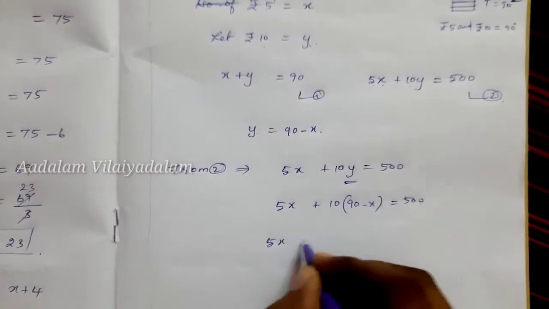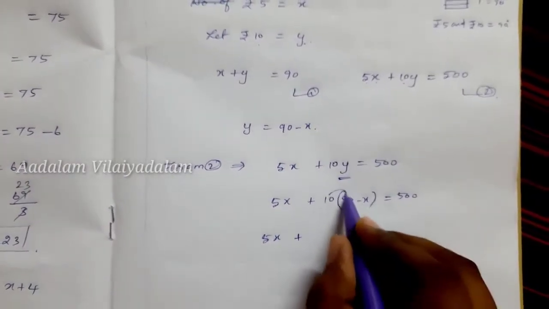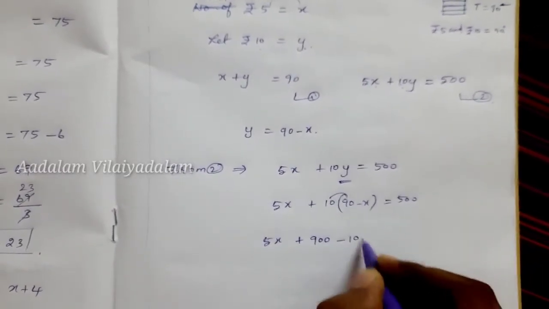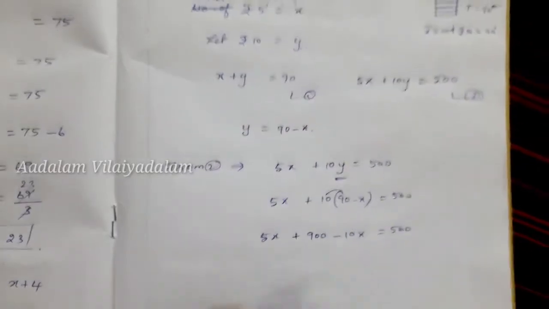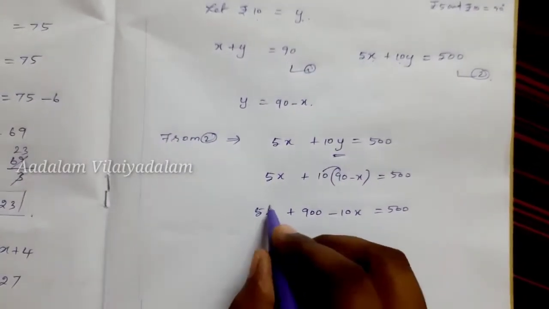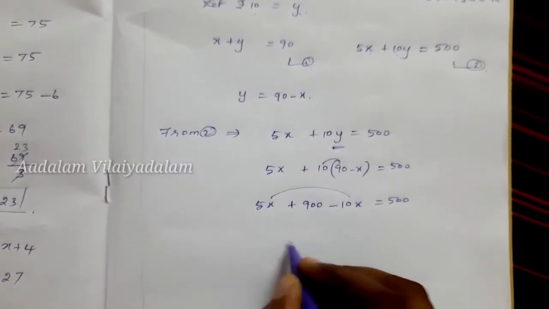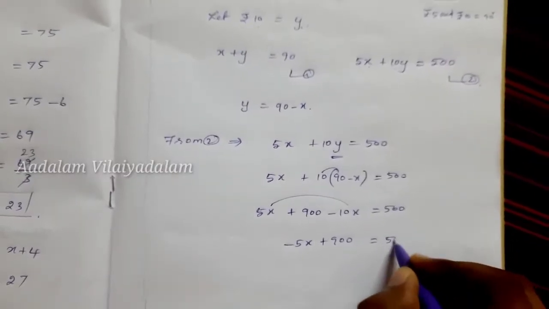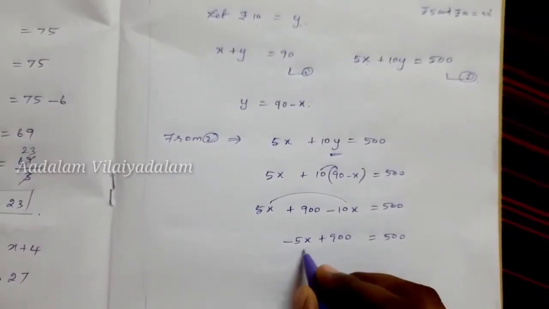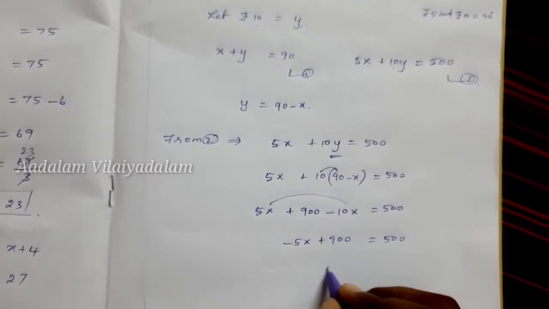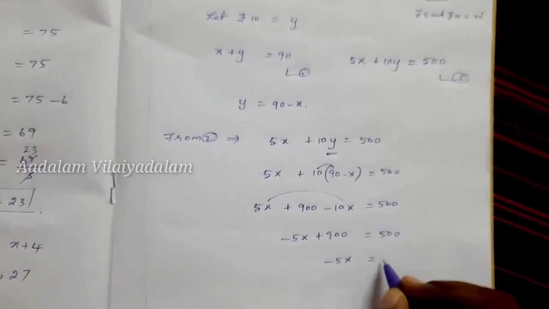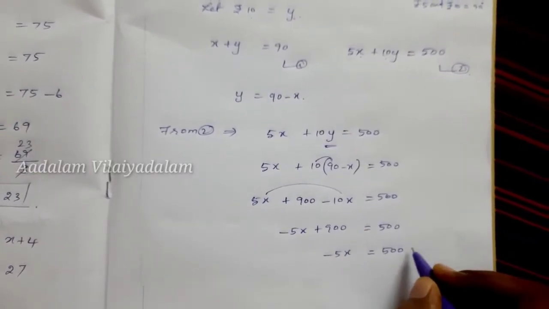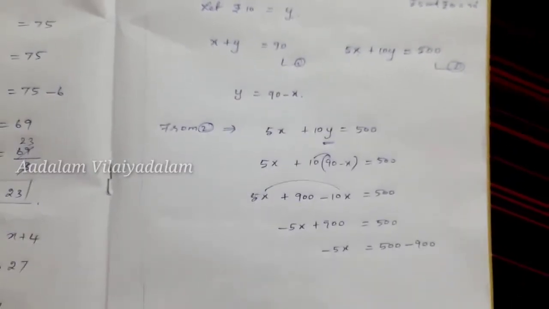Then 5x plus, the multiplication of 10 into 90 gives 900. Then minus 10x equal to 500. Then 5x minus 10x will be minus 5x plus 900, which is equal to 500. Now we need to find the value of x. So let's keep minus 5x and shift the 900 to the other side, which gives minus 900.